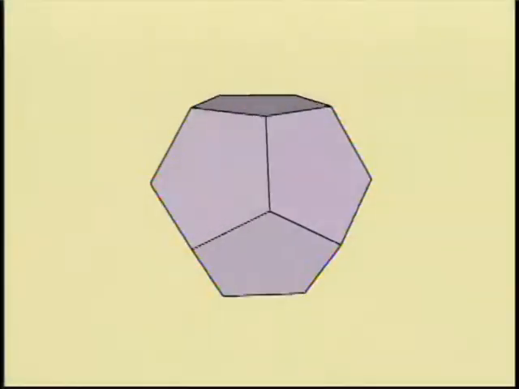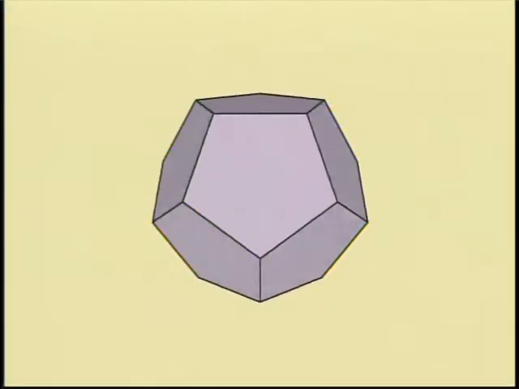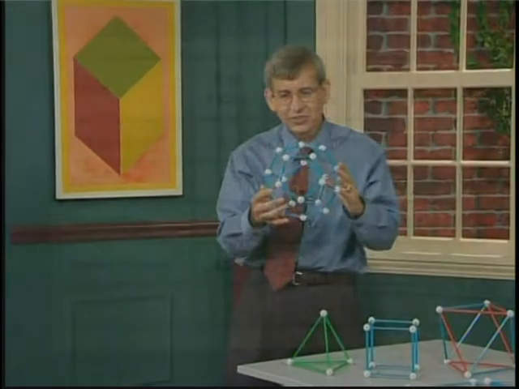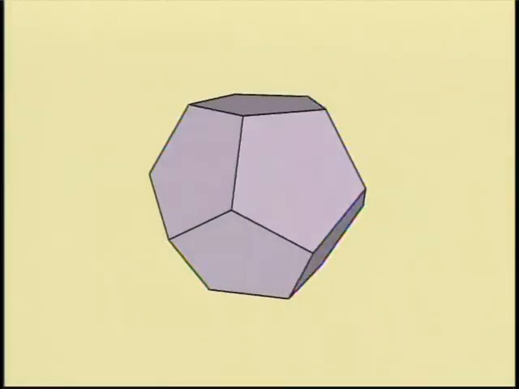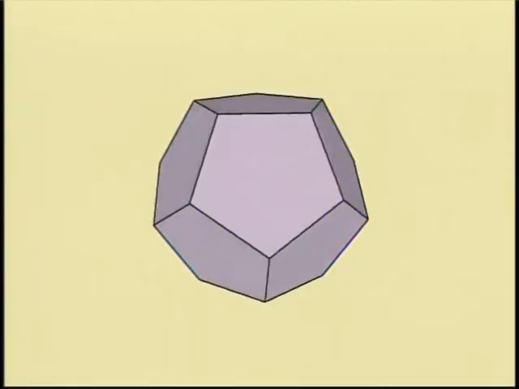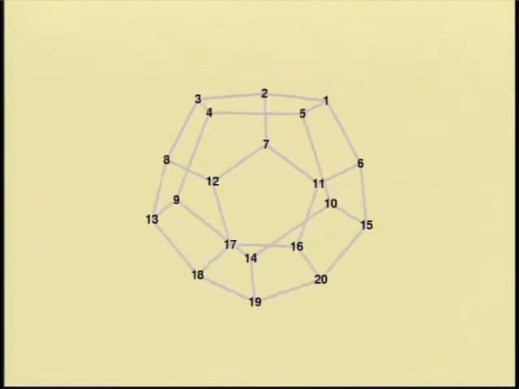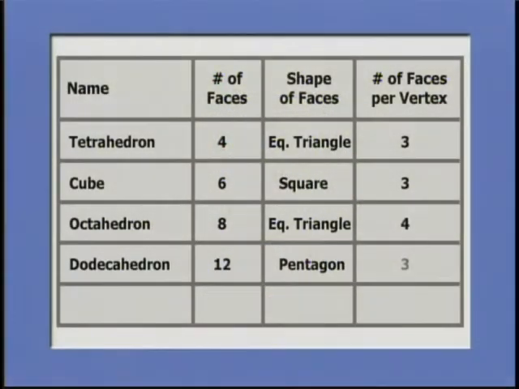Okay, then as we move up, the next one that we have has 12 sides. Now this is getting more complicated. It's sort of interesting. Here each face is a pentagon, a 5-sided figure. See, each face is a pentagon. Each vertex is incident to 3 different pentagons.